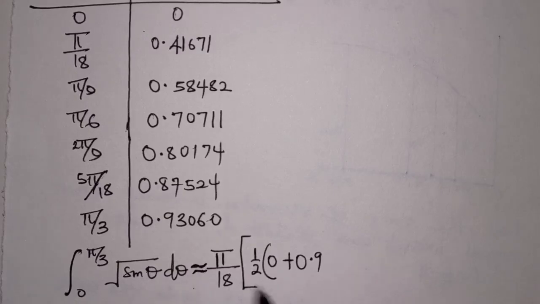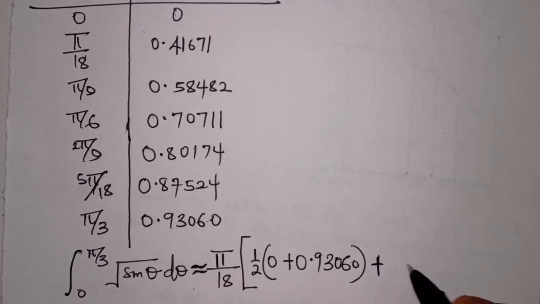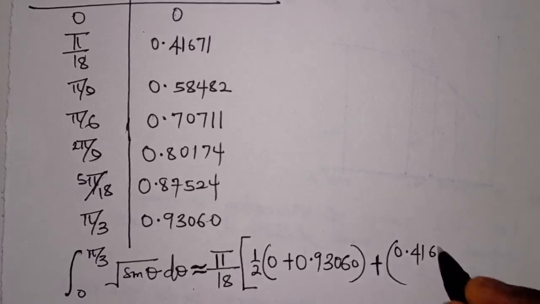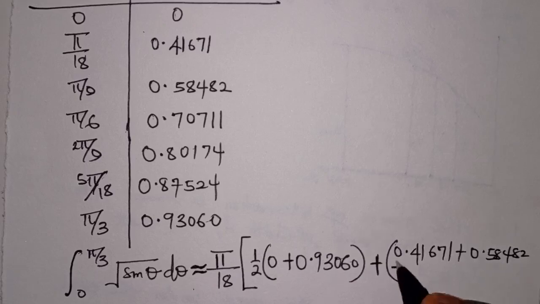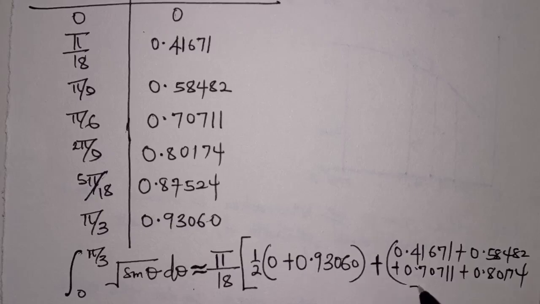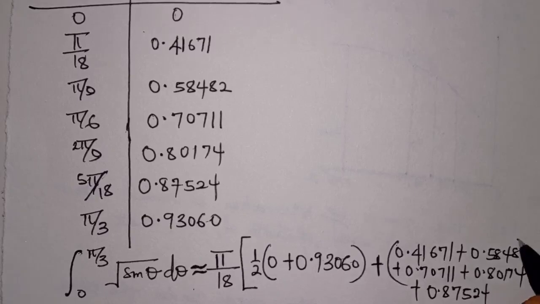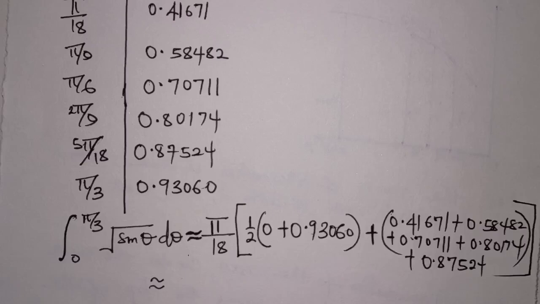It's approximately equal to this, 0.93060, plus the sum of the others, that will be 0.41671 plus 0.58482 plus 0.70711 plus 0.80174 plus the last one. 0.93060 divided by 2 is 0.4653.